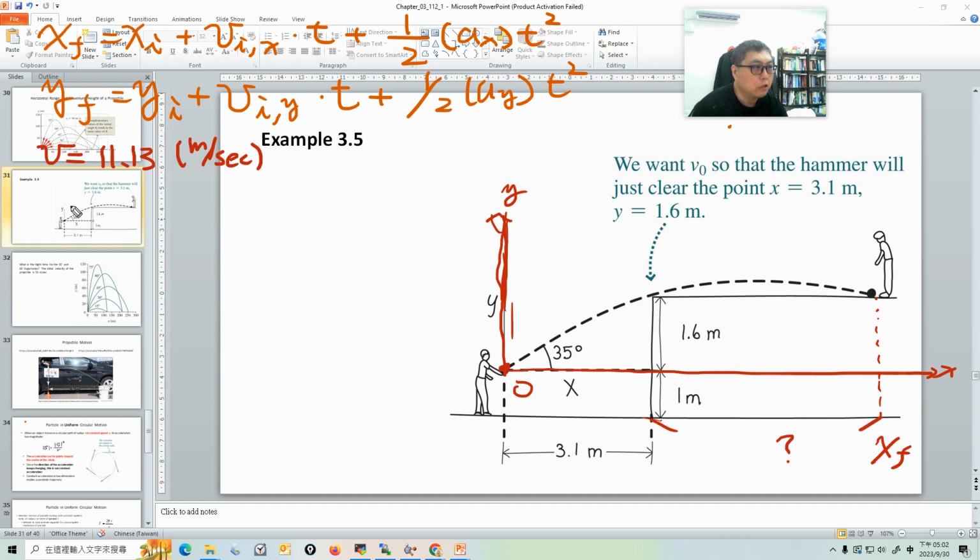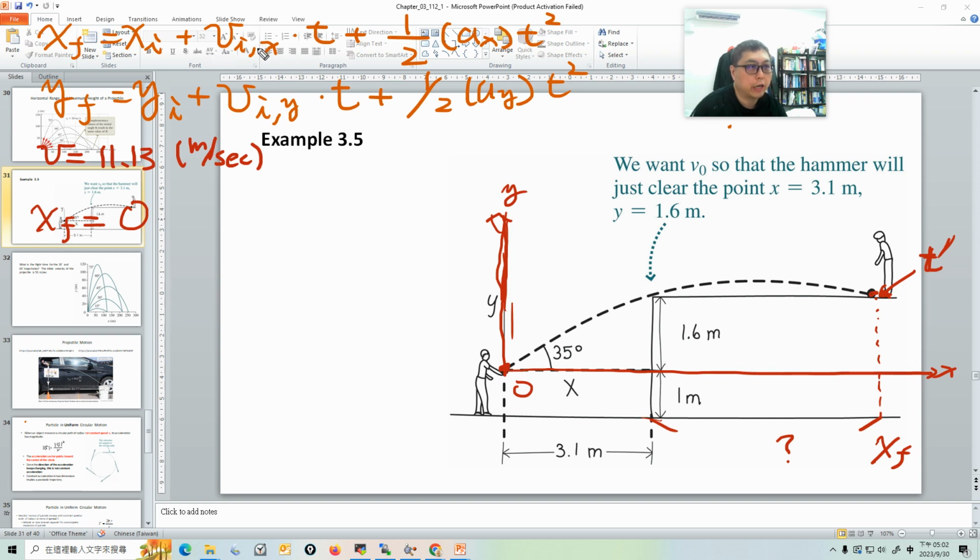So we write down all the information we have. Let's assume the object reaches here at time t prime. The first one, xf, we don't know. Initial position is 0.